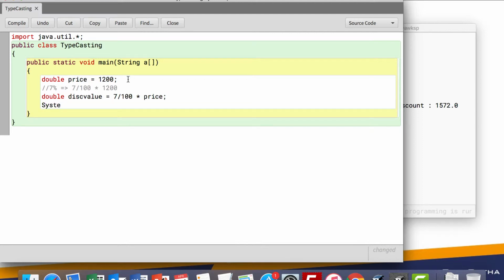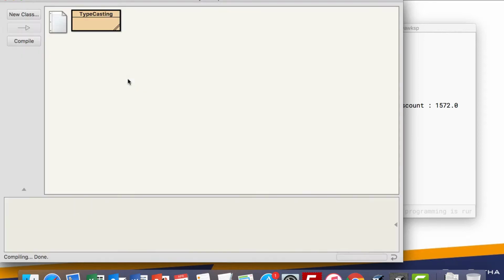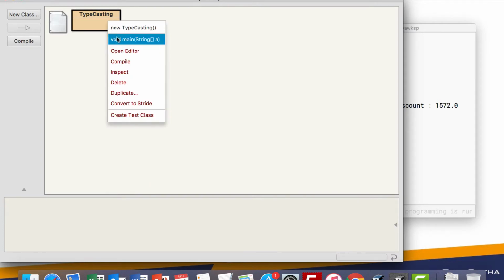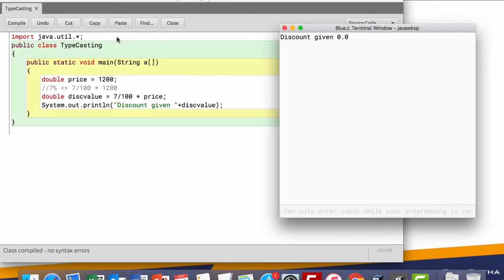Let's go ahead and print the discounted amount. So we can say discount value. I'll compile. You can see discount given is 0.0.